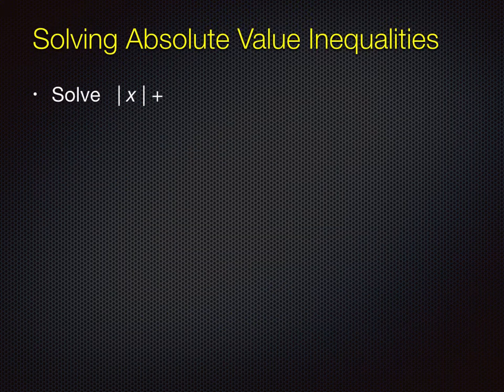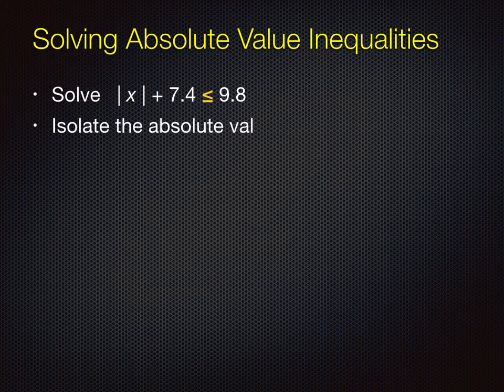All right, so here's one where we have to first isolate the absolute value term by subtracting 7.4 from both sides. And now we're saying the solution would be any number that is less than or equal to 2.4 units from 0.